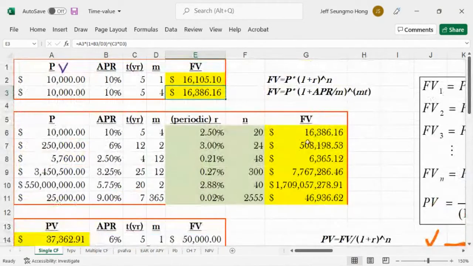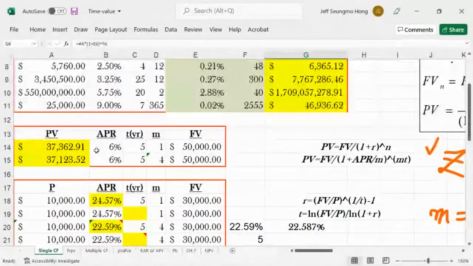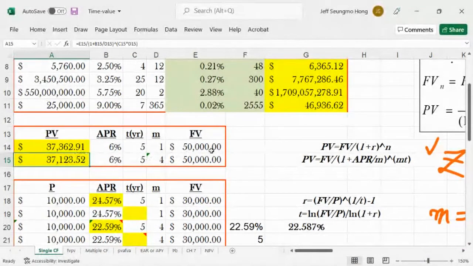So that means if we are getting the same future value but with a different compounding frequency, with a higher compounding frequency the principal must be lower. Here's the same example, the same future value, but this has higher compounding frequency, so the principal will have to be lower.